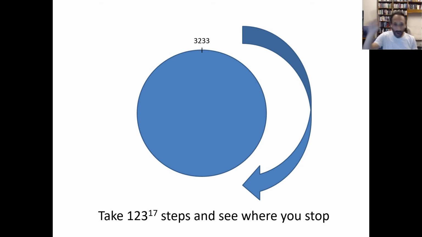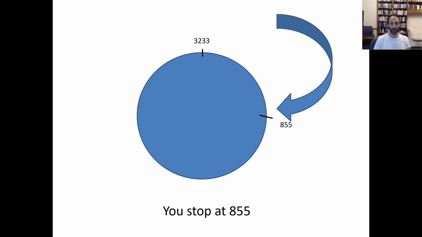You're going to be going round and round and round, and you're going to stop at 855. That is the encrypted message, 855. So we took 123, we walked around the circle 123 to the 17th power, and we stopped at 855. That is our encrypted message.